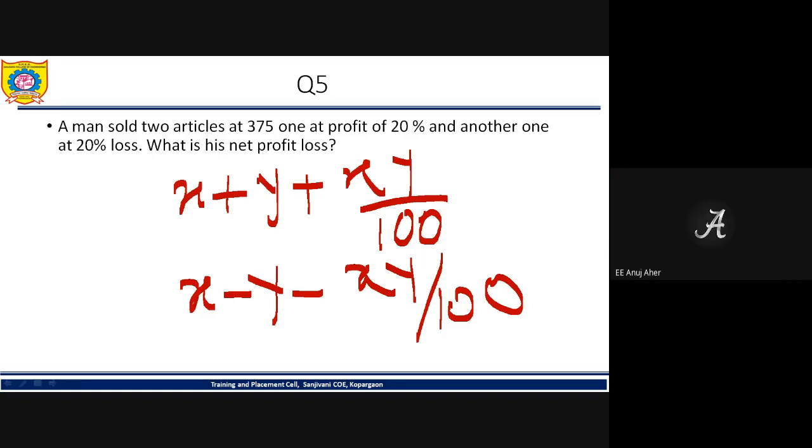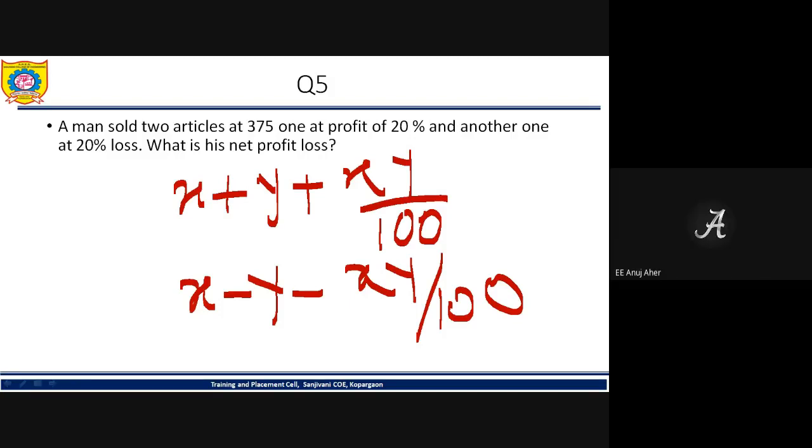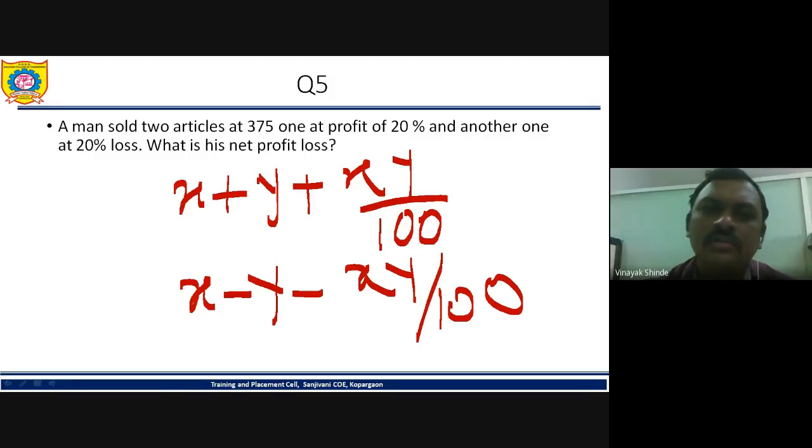Now you tell me, if there is a 10% profit and 10% loss, what will be the answer? Not understood, Anuj? Even the formula is written in front of you, and you are saying it's not understood. And many students have written the answer in the chat box. This shows that you are not attending the meeting.